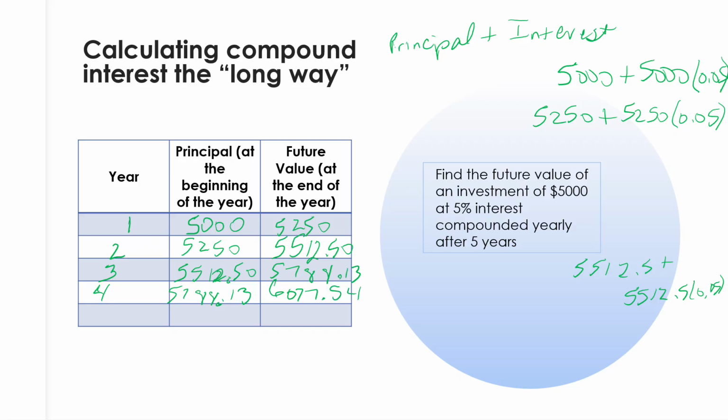So at the beginning of year 5, we have in the bank account $6,077.54. This is now the new balance that we're going to use to calculate the interest. So we need to add the interest that is calculated for $6,077.54.